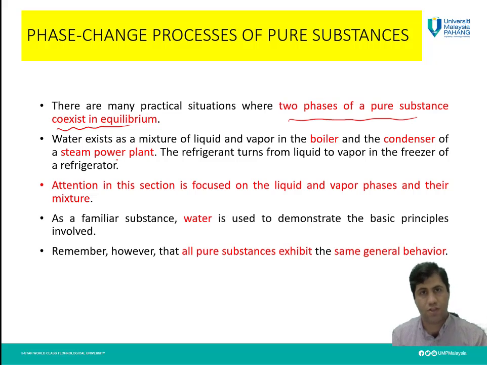So in the boiler, we have a mixture of liquid and vapor, and in the condenser, it is also a mixture of both phases, gas and liquid, in these two pieces of equipment. In the next few slides, we will see what is happening when the phase of a material is changed, how its molecular structure is changed, and how the pressure and temperature of the substance behave during these phase changes.